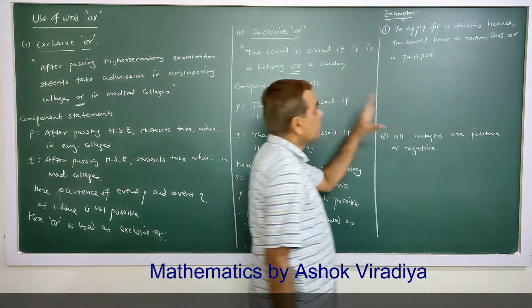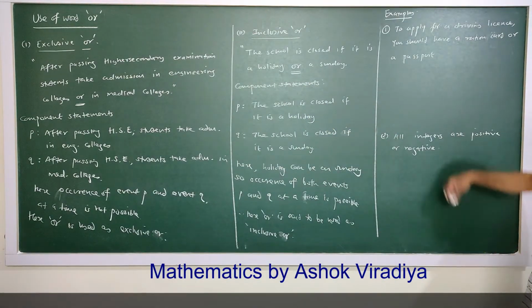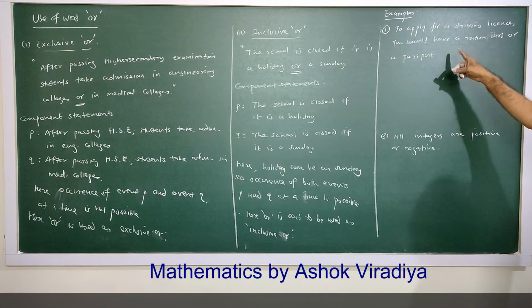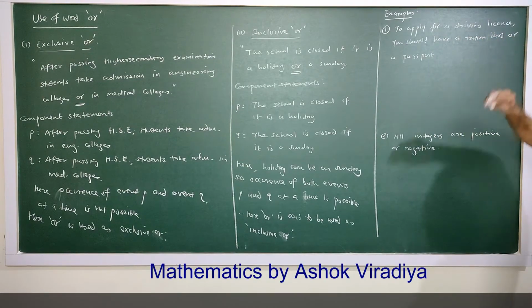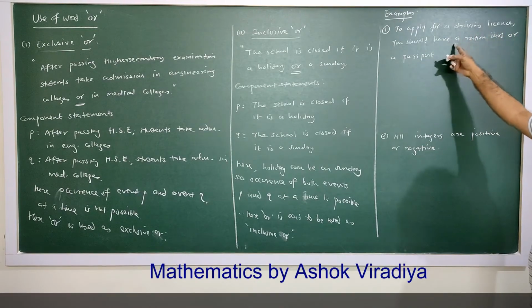Exclusive means do not occur together. Now look at two more examples on exclusive and inclusive. To apply for a driving license, you should have a ration card or passport. Imagine two component statements. First statement is, to apply for a driving license, you should have a ration card.